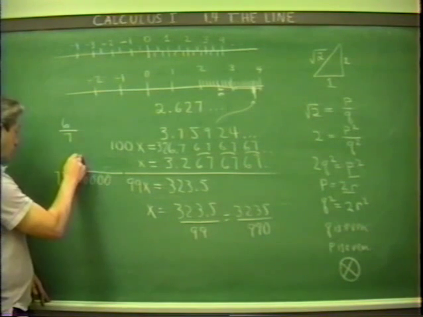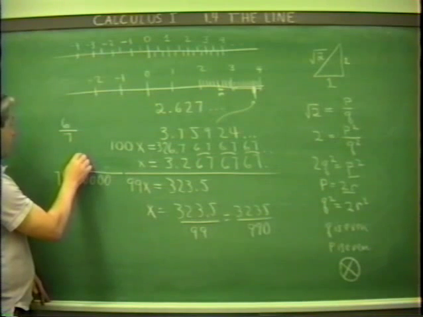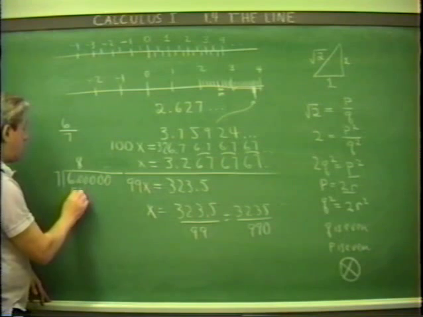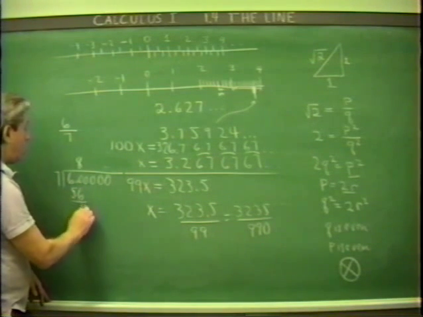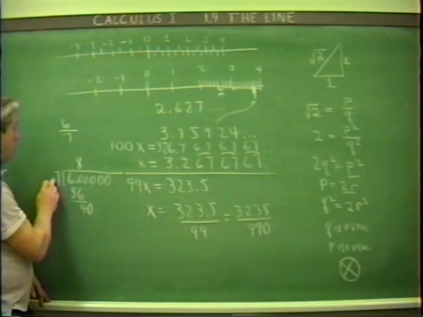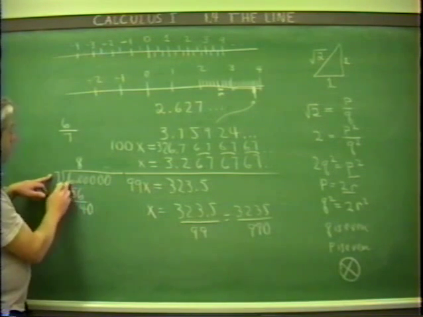Well, we get 7 into 60 is 8 times. 8 times 7 is 56, with a remainder of 4. Well, we started out with 60, now we're going to be looking at 40.